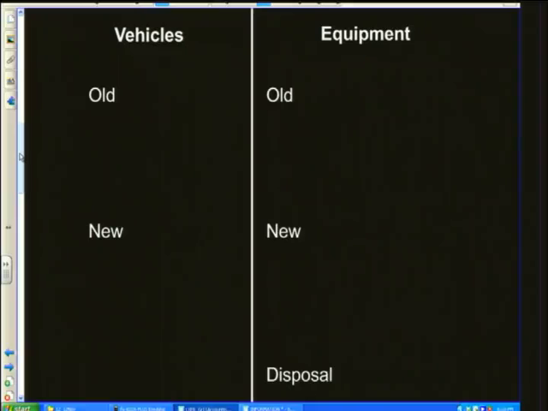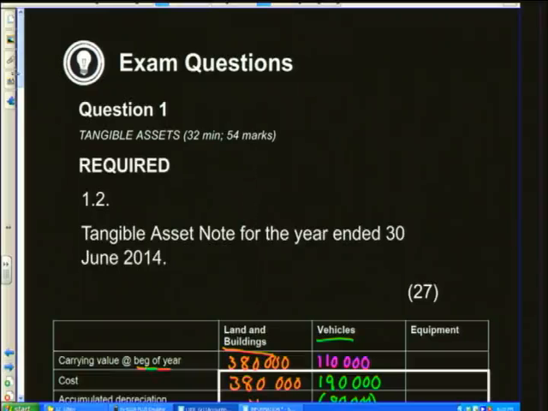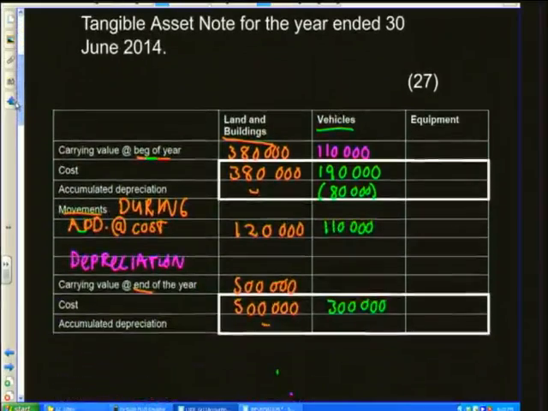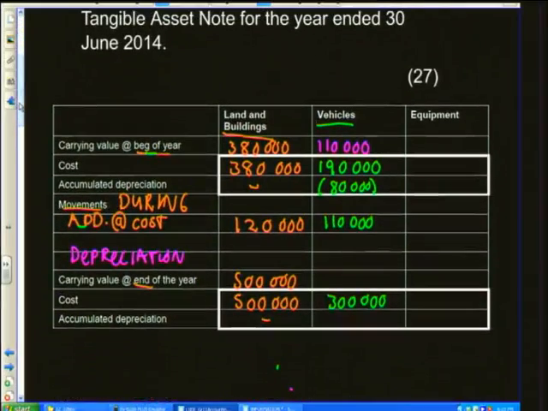Okay, so if we go to, we've already worked that out. Our old vehicle would refer to the cost at the beginning of the year. I'm talking about this amount here, the 190,000. Our new vehicle would be that additional vehicle purchased, 110,000. So let's fill that in.